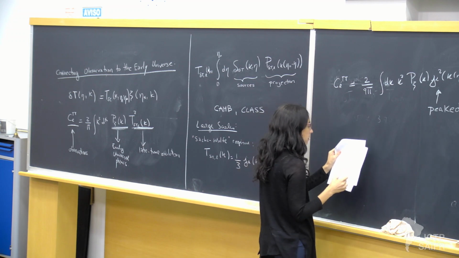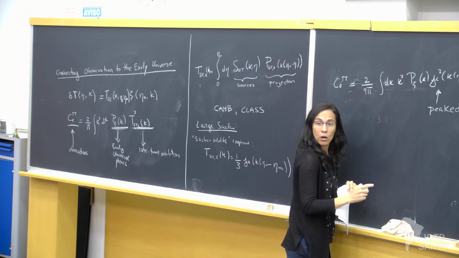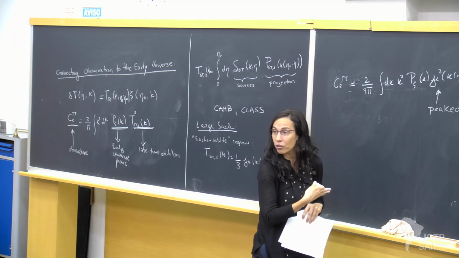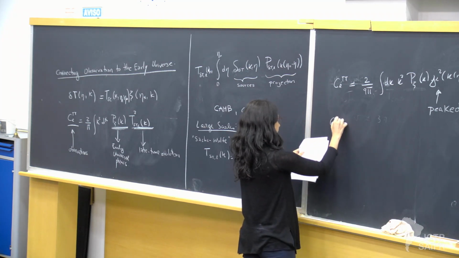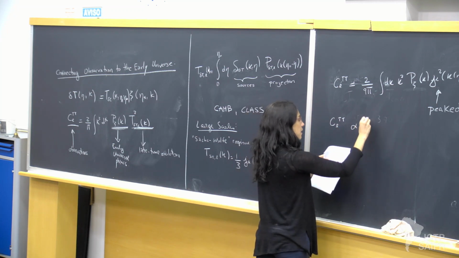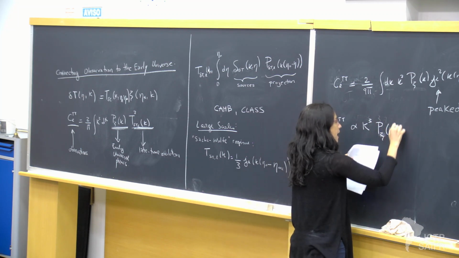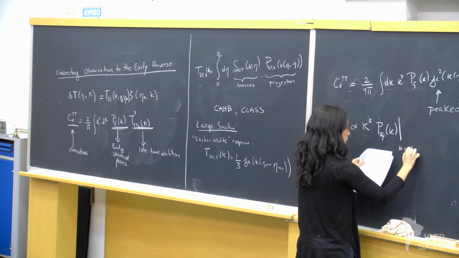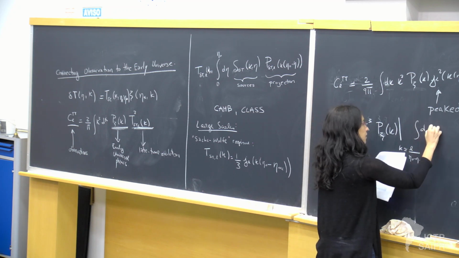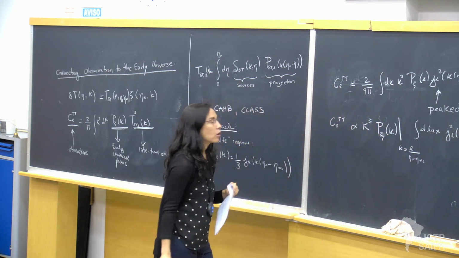Good. So then, assuming that this is a smooth function, we can evaluate it at the peak roughly to get a rough estimate of the Bessel function, yes? And this is the following. C_L^TT will be proportional to k cubed times the initial curvature power spectrum of k, evaluated at k equal to L over (eta naught minus eta recombination), times an integral of d log x j_L squared of x.